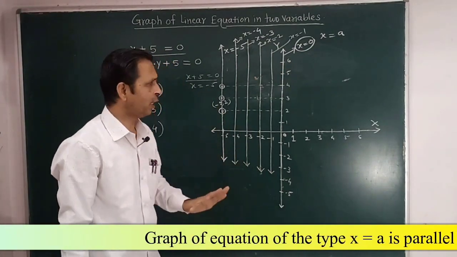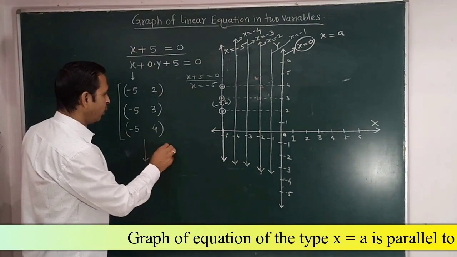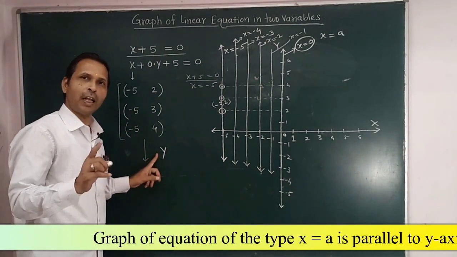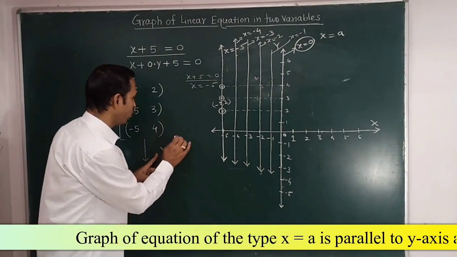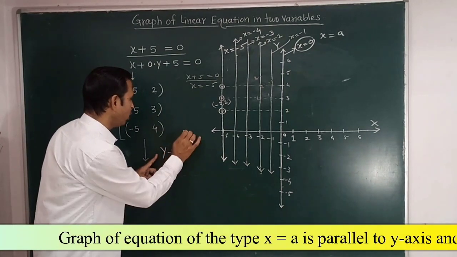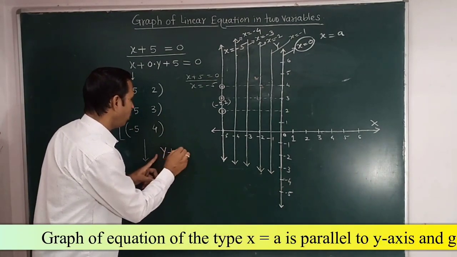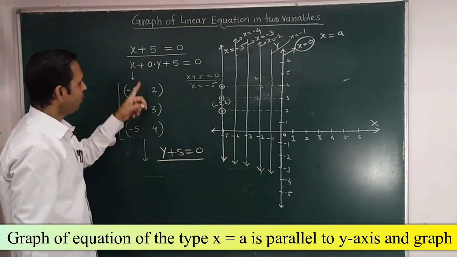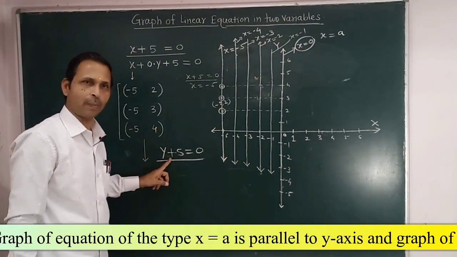Now in the same way, if we take another type of linear equation in one variable, that is y is equal to, suppose, or y plus 5 is equal to 0. This is one of the types of equation in one variable.